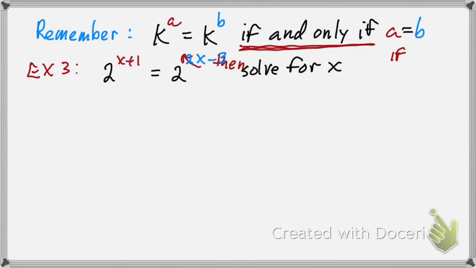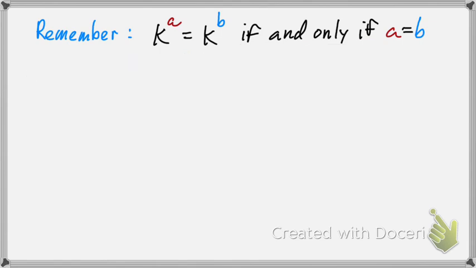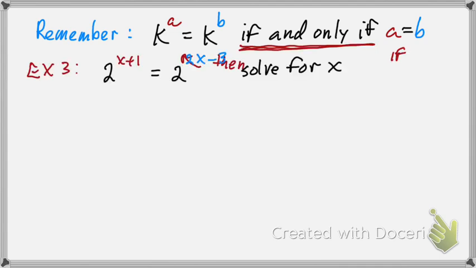Let me do this. I'm going to erase a little bit of stuff here. Nah, I'm going to leave that. Well, that just jimmied everything up, didn't it? So I've got 2 to the x plus 1 power equals 2 to the 2x minus 3. I wrote over what I already had. Now look at it.